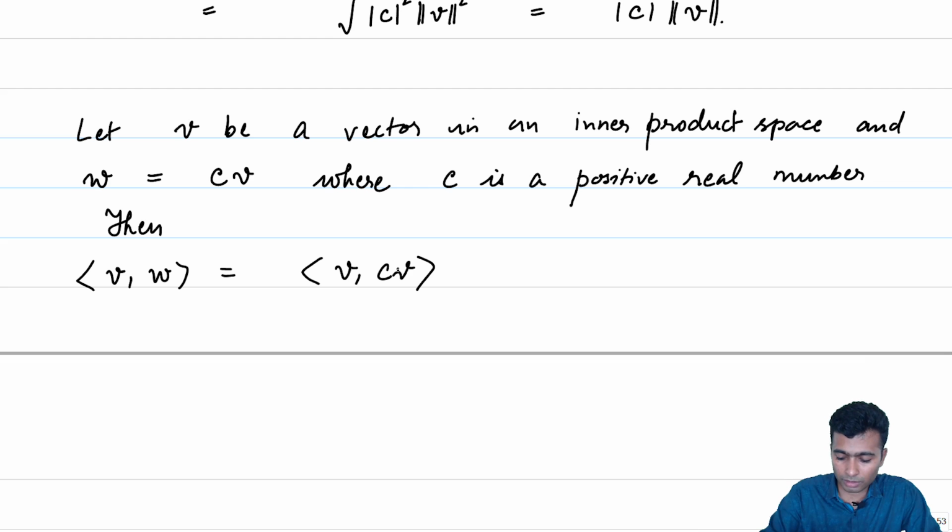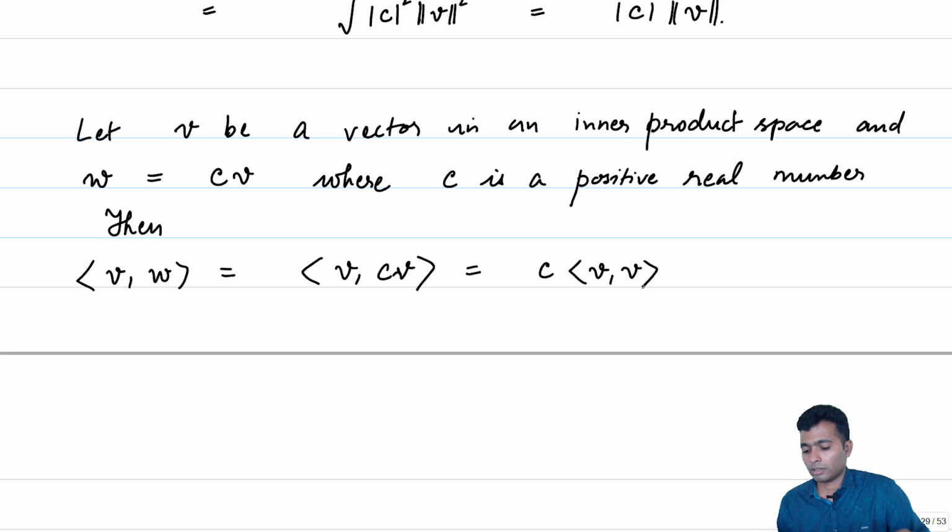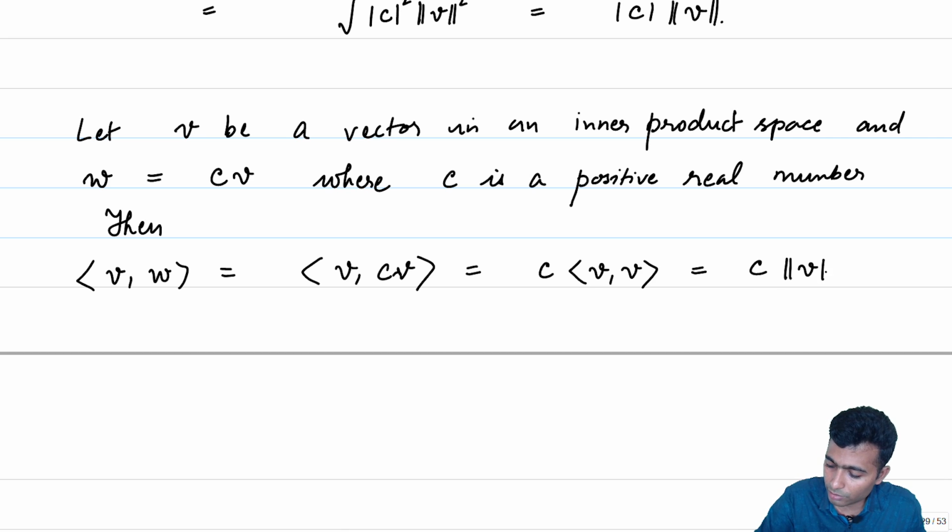But what is that? This is just C bar times the inner product of V with itself. But C bar in our case is just C, because it's a positive real number. So this is C times the norm of V squared.